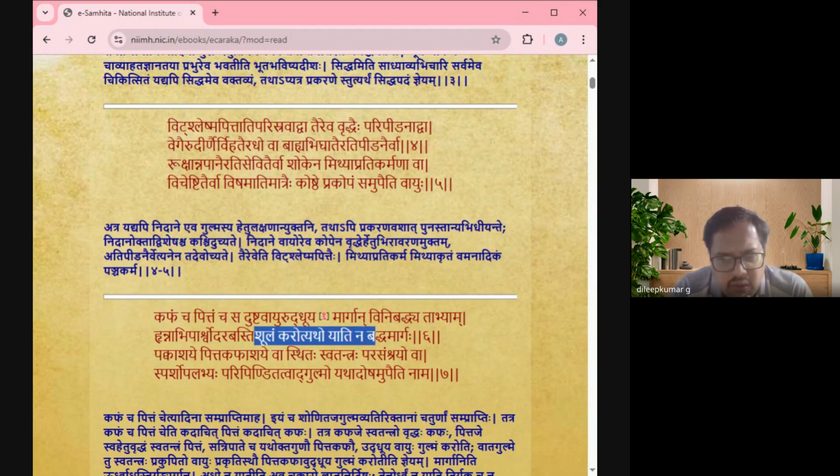Why I'm stressing on these pathologies, we could just move on to this chapter, but gulma is not an imaginary disease. Gulma, avarana, these types of diseases are difficult to understand, but they are not imaginary or outdated or extinct diseases. They are very practical diseases available right now. Now we have many instruments like endoscopies, colonoscopies, MRI, CT scan, and ultrasound, based on which we can identify these conditions.